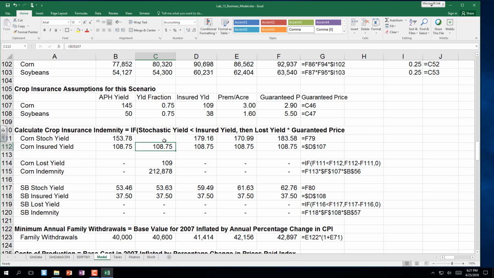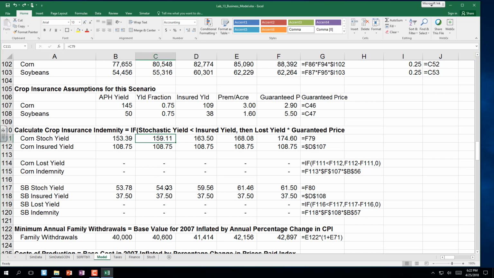Did you get an indemnity? If you put in a 0 there, this should be your lost yield, right? And your indemnity is going to be that 109 bushels times price, right? And then you hit Command Z, and it puts the formula back in place.